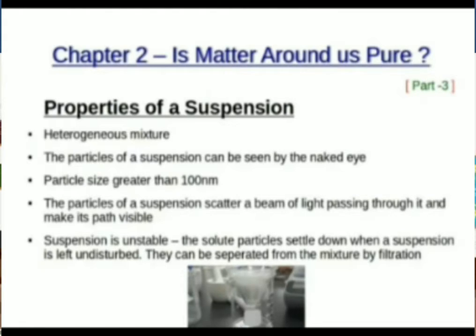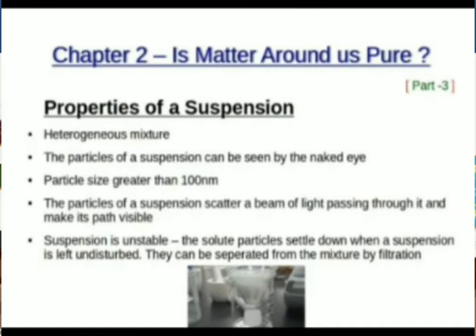Next we are going to study about properties of a suspension. The first property: the suspension mixture will be a heterogeneous mixture. The particles of a suspension can be seen by naked eyes.